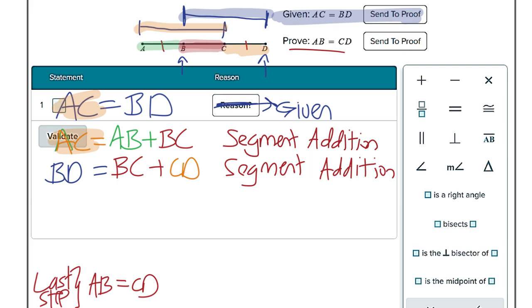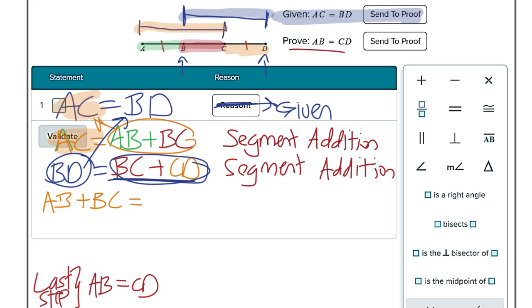So we're just taking all of this and replacing that right there, which we're going to write down as AB plus BC. And that is going to be equal to BD. But we know that BD, right here, again, let's do this in a different color, we know that BD is BD here, so we can just replace all of that with that, which again is that substitution.